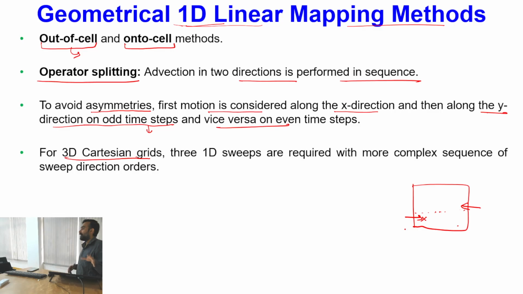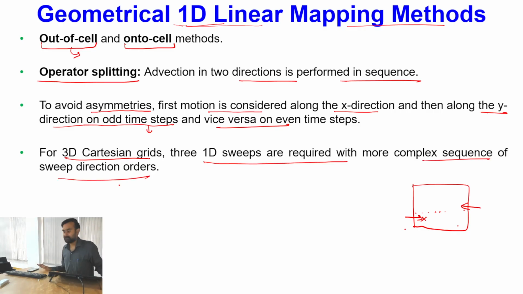Then the third point is for a 3D Cartesian grid. If I have to employ this method on a 3D Cartesian grid, what will happen? I will have X, Y and Z. So 3 1D sweeps are required, and here we have to choose a more complex sequence of sweep directions.